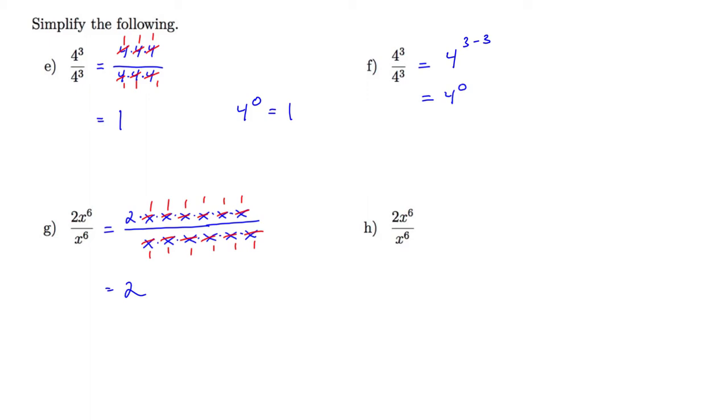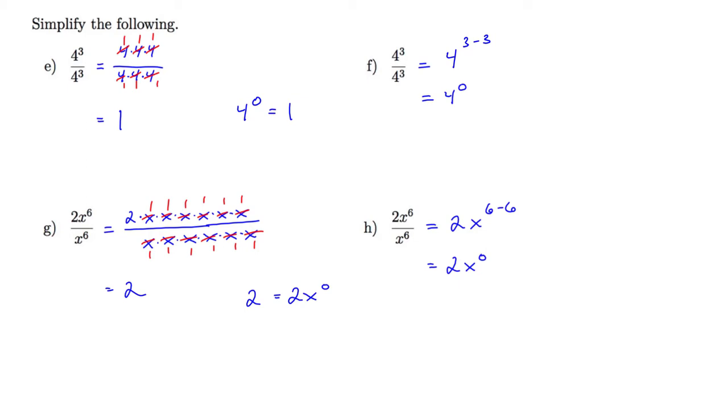In part H, we'll approach this using the quotient rule for exponents. 2x to the 6 divided by x to the 6 tells me this should be 2 times x to the 6 minus 6. Well, 6 minus 6 is 0, and so approaching it this way, we get an answer of 2x to the 0. Again, we've started with the same expression and simplified it two different ways.